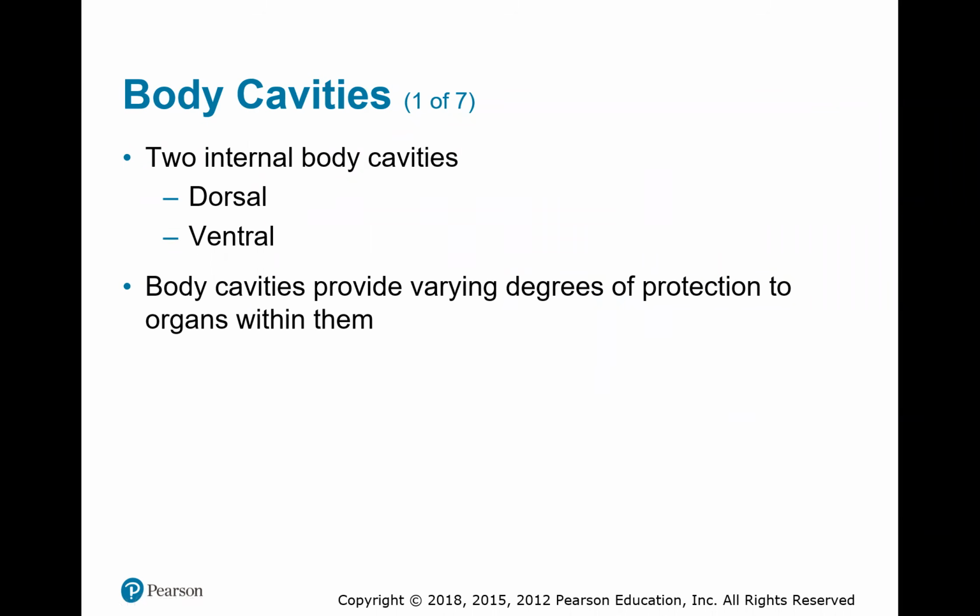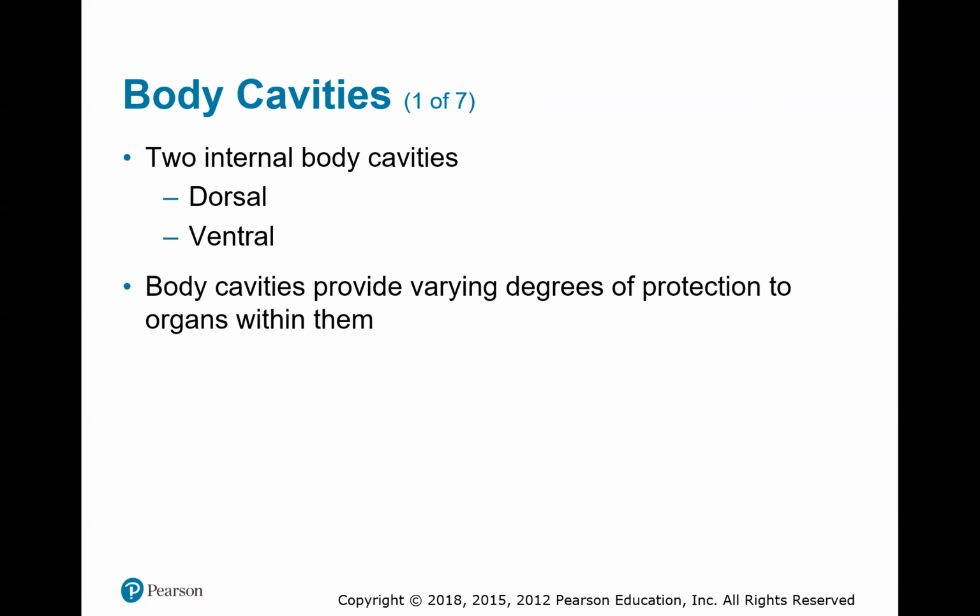All right, moving on, we're going to discuss the idea of body cavities. There are cavities to house specific organs and to provide a layer of protection. Not only are these cavities protective, there's also a double layer associated with them. Within there, they're going to have a secretion of fluid to help prevent friction. There are 2 internal body cavities, and then we're going to split them from there.